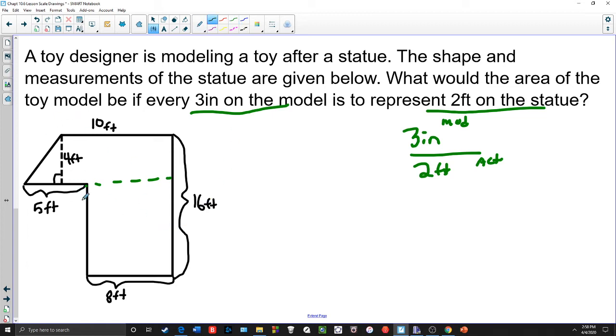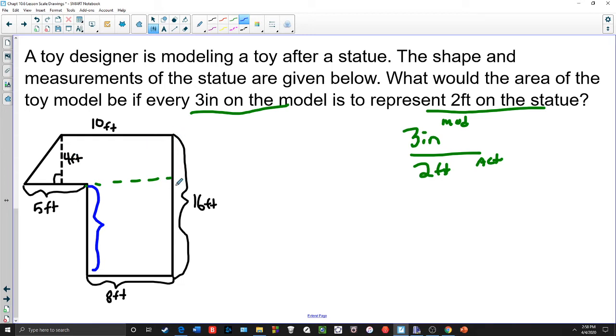So we'll do the rectangle first because rectangles are usually easier. I have that this is 8 feet. I need to figure out how big this section is right here, because that will give me my base times my height. Well, I know the entire thing is 16. I know that from here to here, that's 4 feet, because that's the height right there.